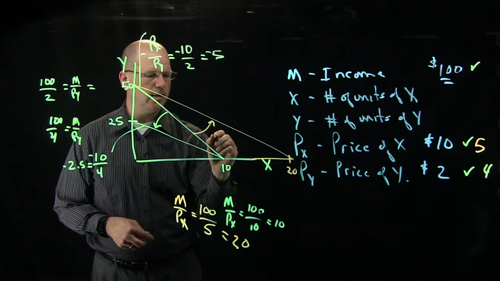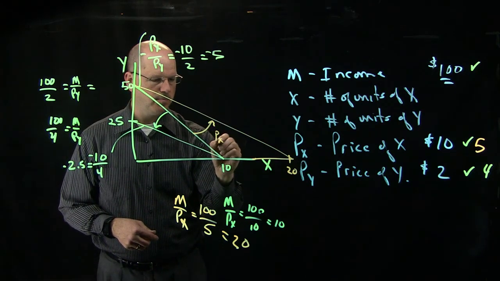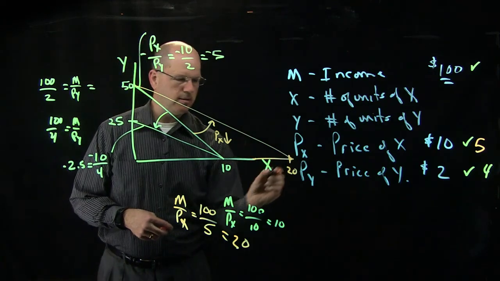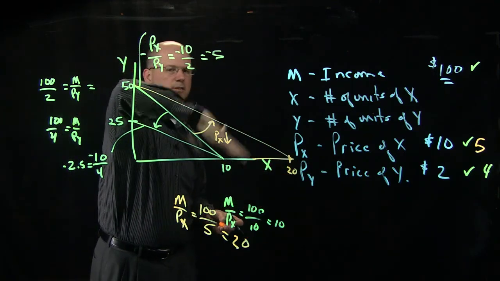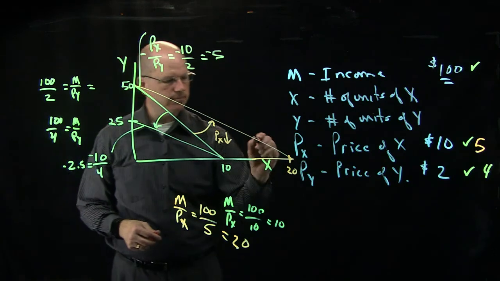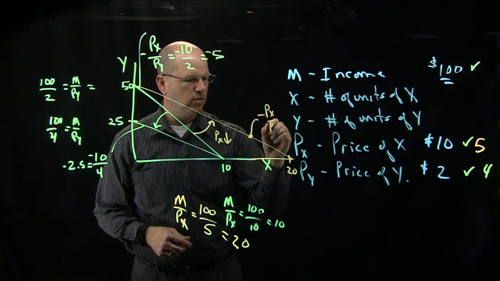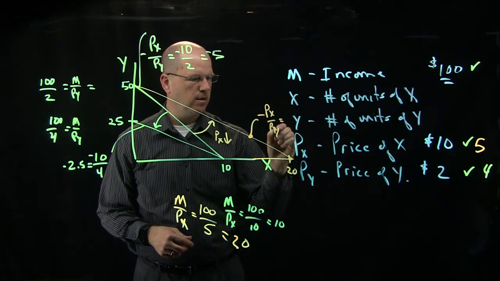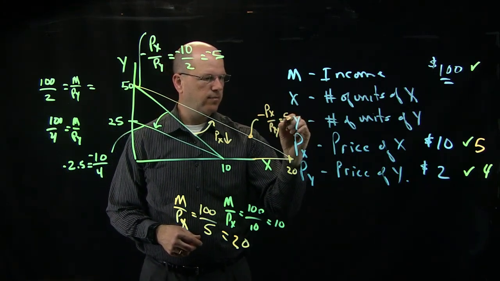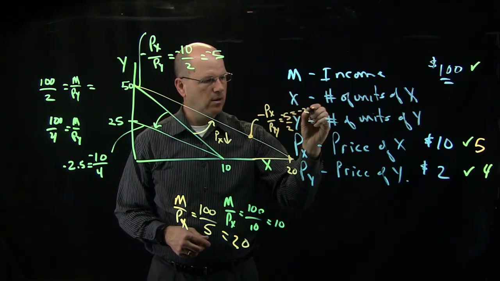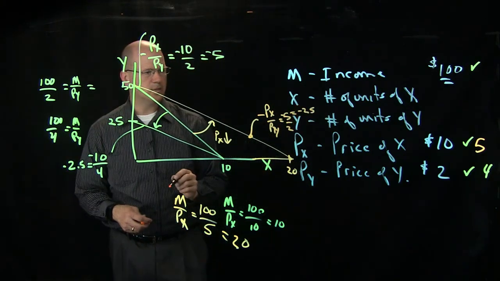So this one is PX going down. Okay, again, the budget constraint is actually getting flatter. What's the slope? Minus PX over PY, 5 over 2, minus 2.5 again.